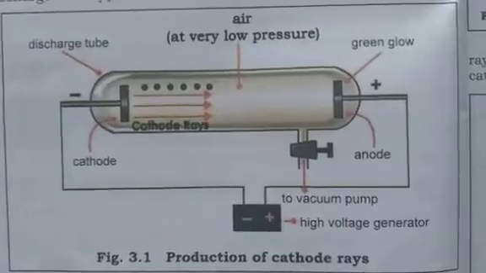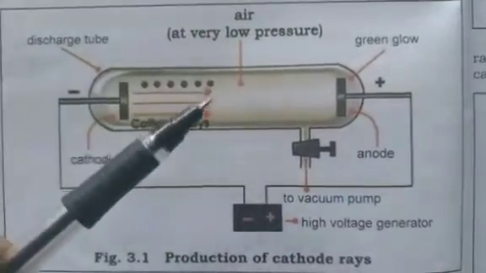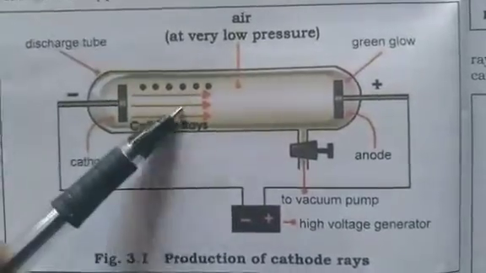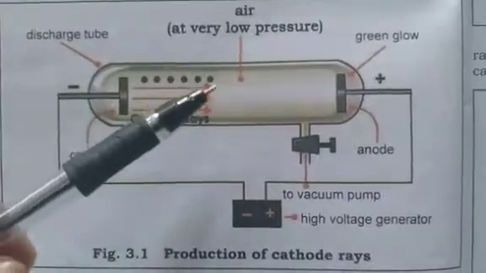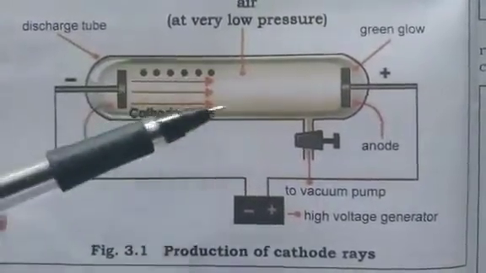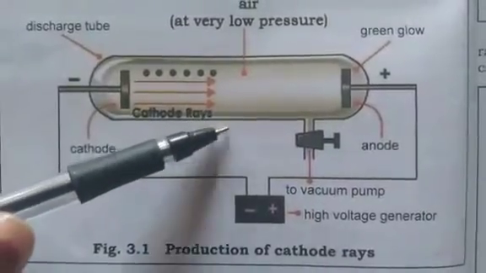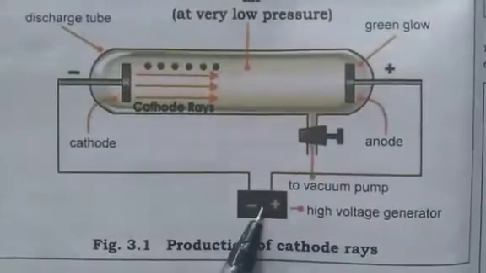So J.J. Thomson created a very low pressure inside this discharge tube. Why did he create low pressure? If he created a high pressure, there may be a chance of bursting of the glass. So he created a low pressure area inside this discharge tube, and he applied a high voltage.